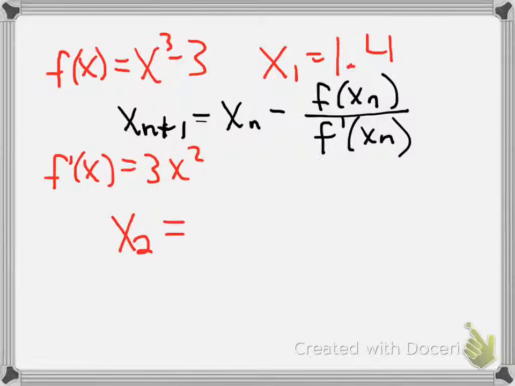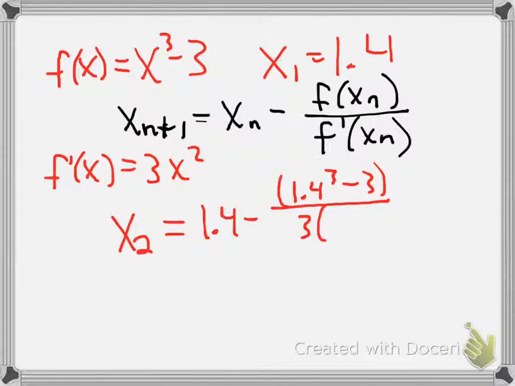Well, x sub 1 is that 1.4 minus the function at 1.4, that would be 1.4 cubed minus 3, divided by the derivative at 1.4, which would be 3 times 1.4 squared.